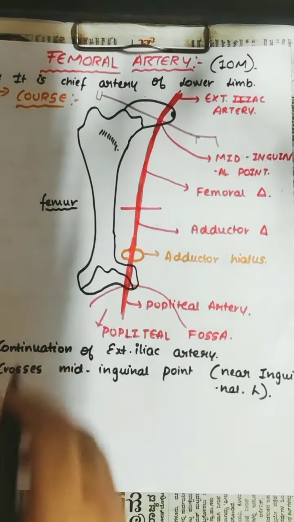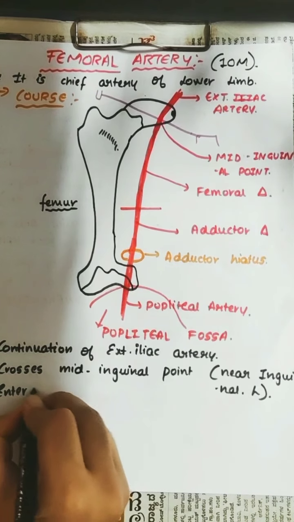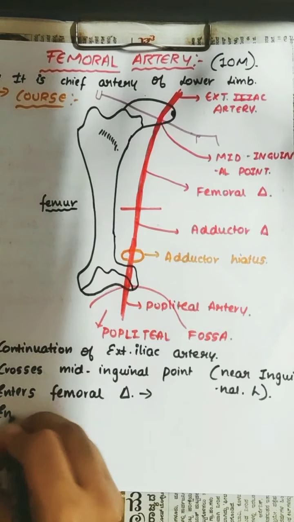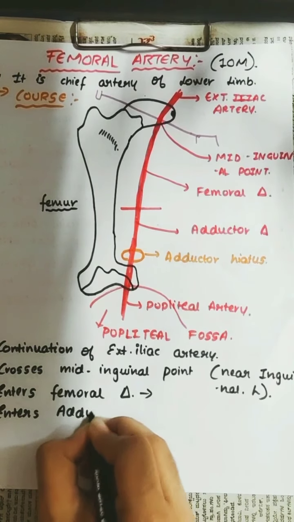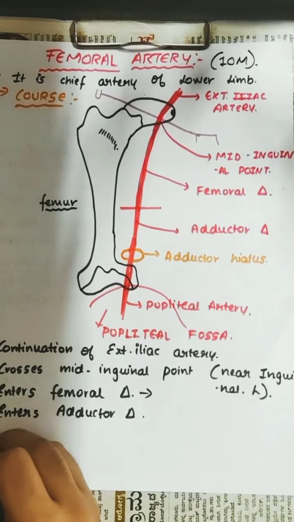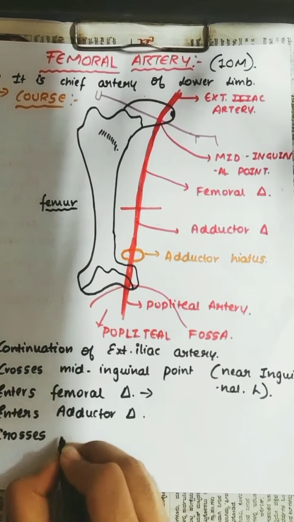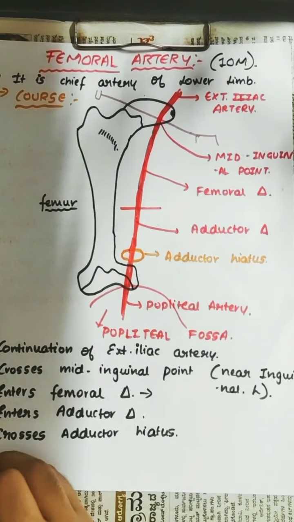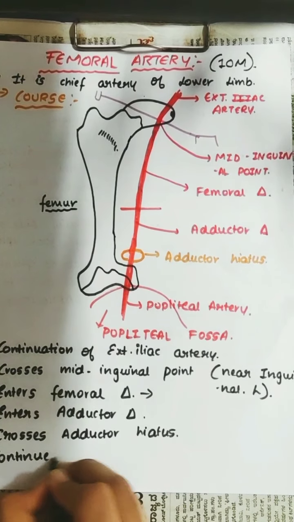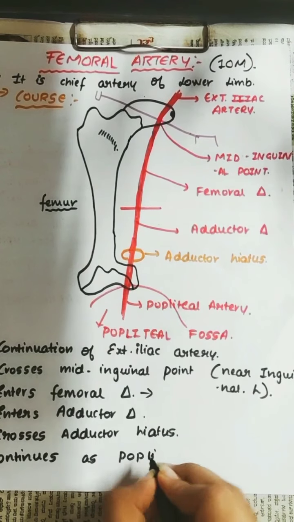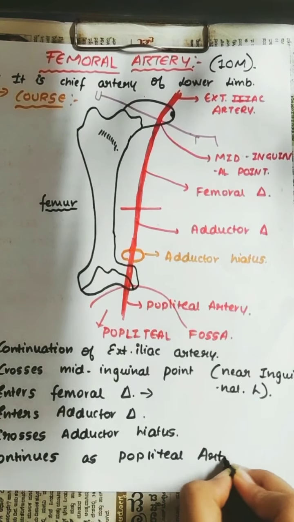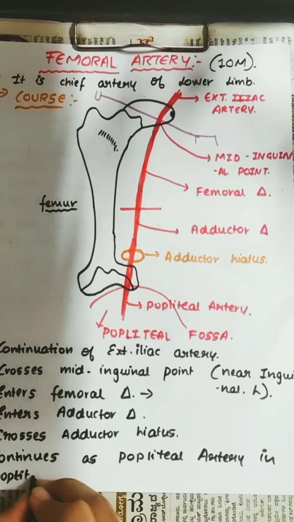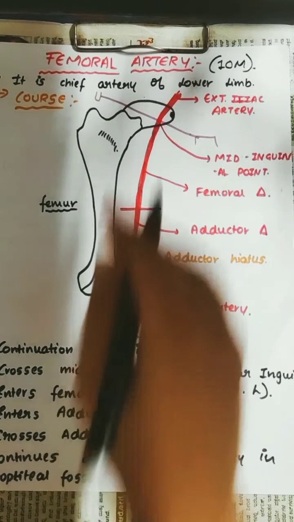Okay, then you can see it enters the femoral triangle, further it enters the adductor canal or adductor triangle, crosses the adductor hiatus, continues as the popliteal artery in the popliteal fossa. So this was about the course.